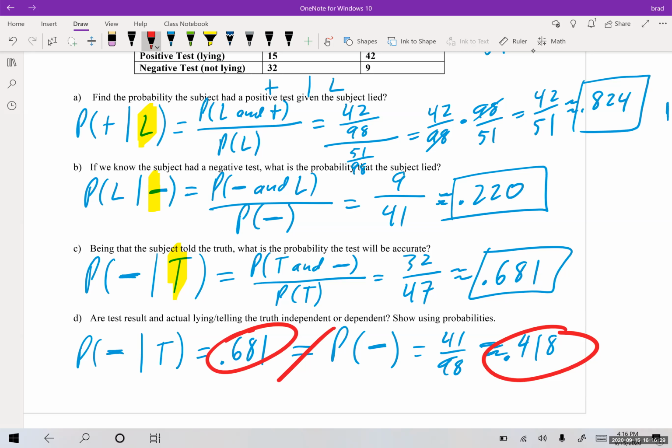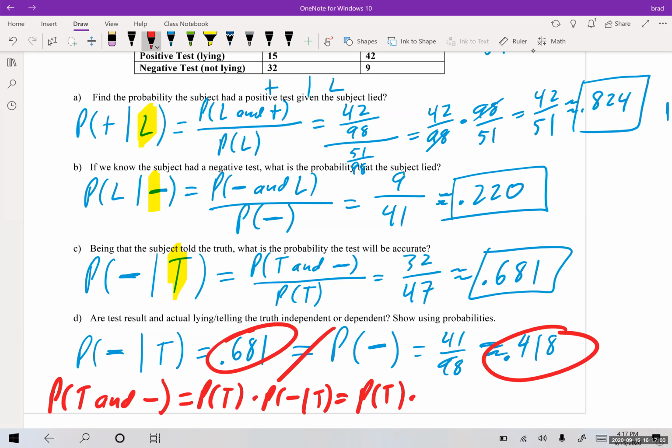So we know that we don't have independent events, because if they were independent, that means that the probability of truth and a negative test result should equal the probability of truth times the probability of a negative test result.